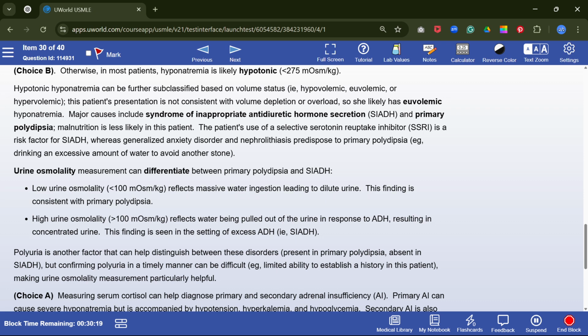Polyuria is another factor that can help in diagnosis between these disorders, present in primary polydipsia and absent in SIADH, but confirming polyuria in a timely manner can be difficult, with limited ability to establish a history in this patient, making urine osmolarity particularly helpful.